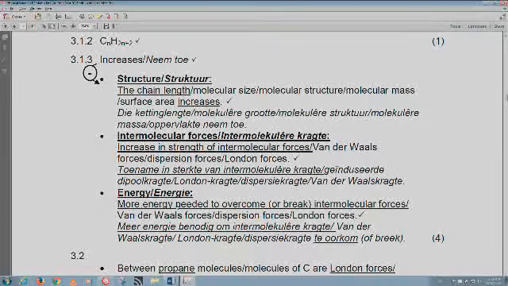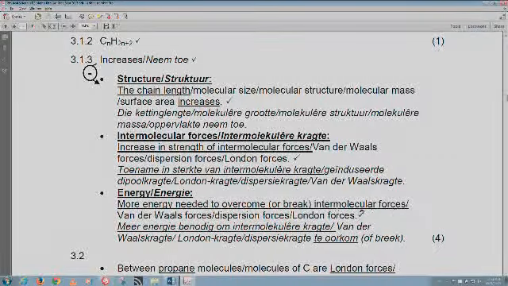The learner must say more energy is needed to overcome the intermolecular forces or to break the intermolecular forces, or more energy is needed to overcome the van der Waals forces, or more energy is needed to overcome dispersion forces or London forces.